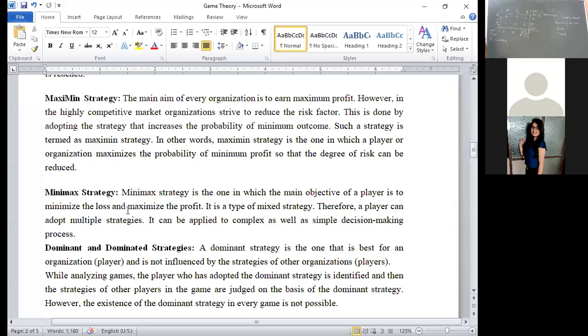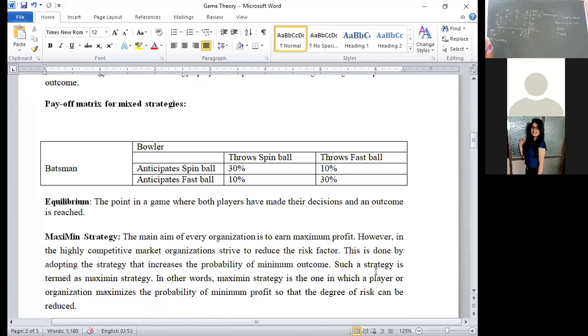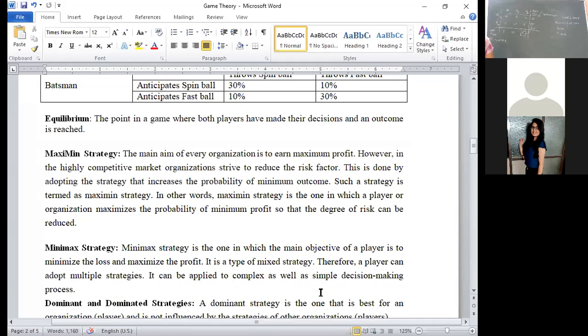Students, go through. The main aim of every organization is to earn maximum profit. That means here, everywhere we are trying to reduce the risk. Maximin strategy is the one in which a player or organization maximizes the minimum profit so that the degree of risk can be reduced. This concept we will use in decision theory as well as game theory.